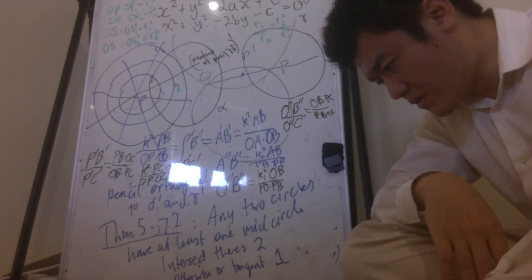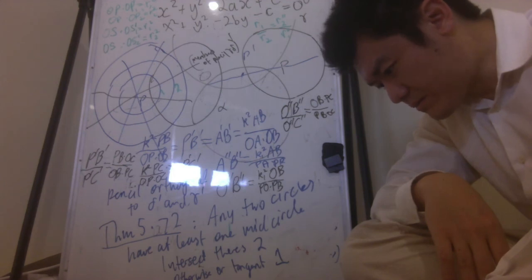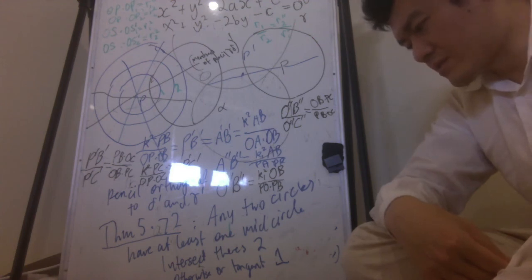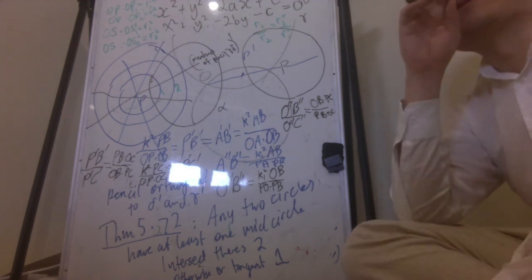Yeah, I don't know. So it seems like they've assumed that alpha and beta invert to each other.